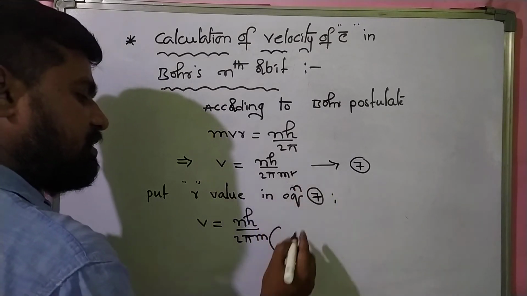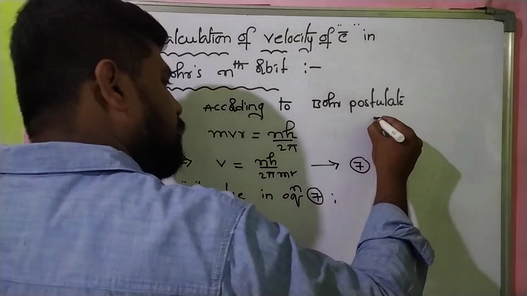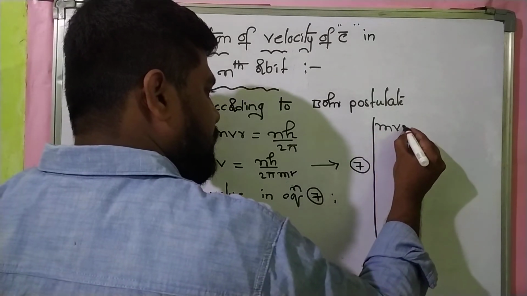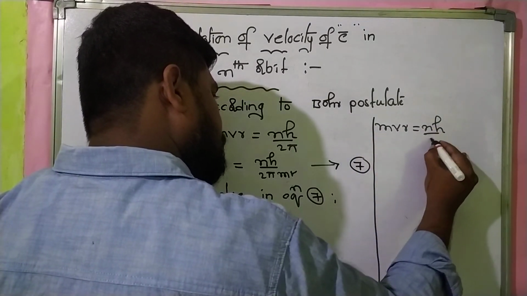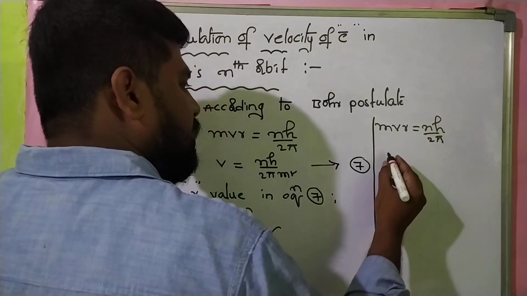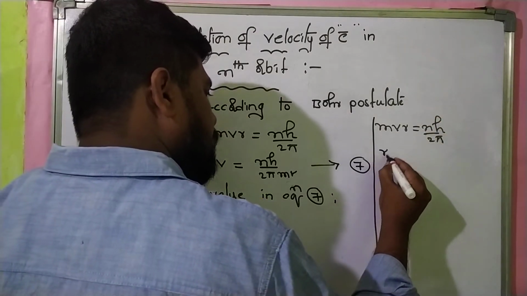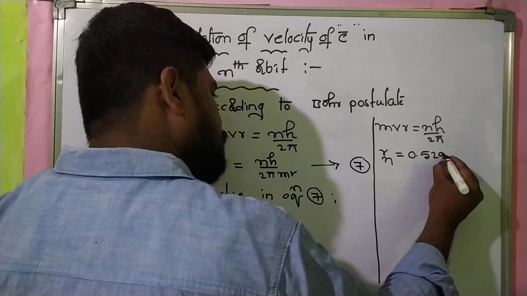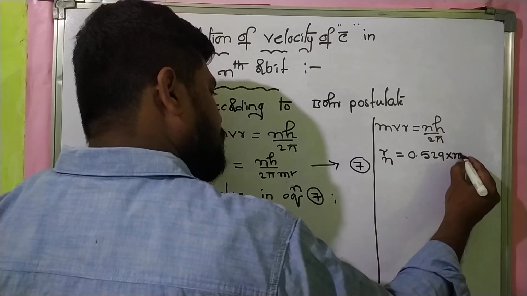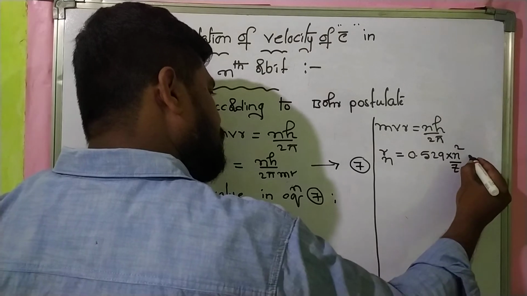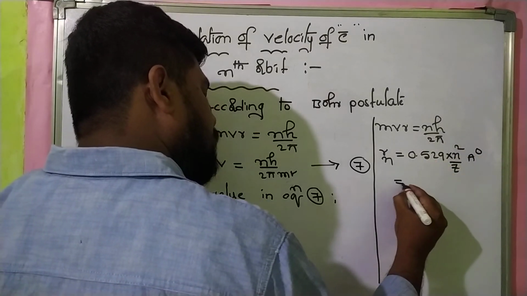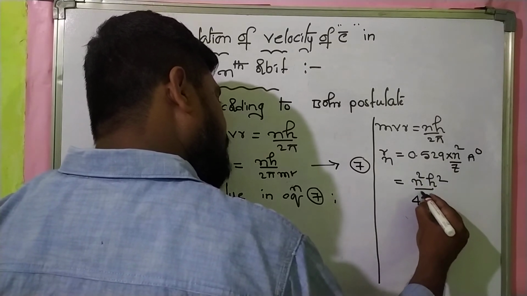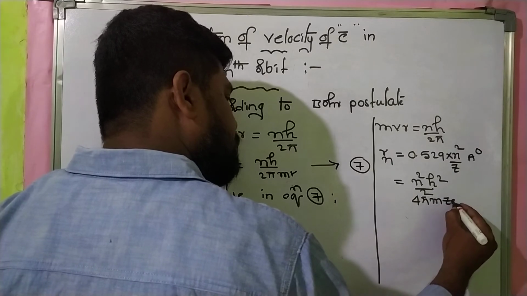Now write the r value. What is the r value? You should remember every principle: mvr equal to nh by 2 pi is one principle. And radius rn equal to 0.529 into n square by Z angstrom units, and it is also n square h square by 4 pi square m Z e square.